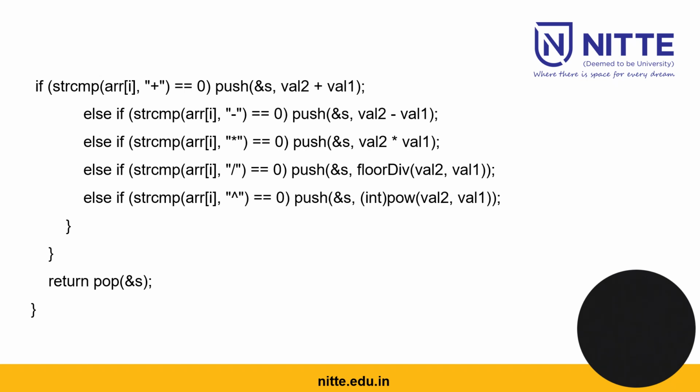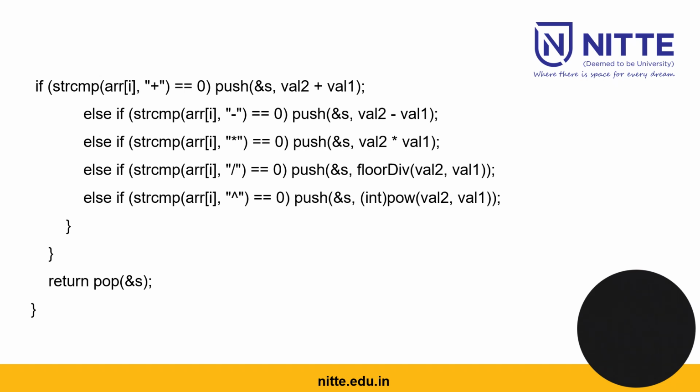Else if the token is minus, and the comparison equals 0, then it will calculate value 1 minus value 2 and push the resulting value into the stack. That means subtraction will take place.